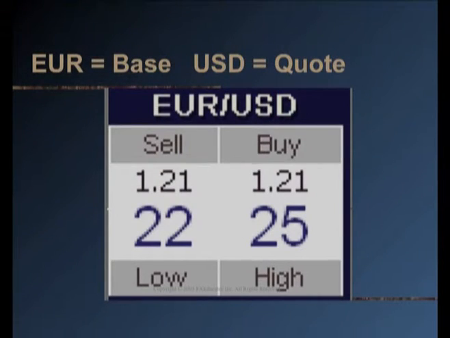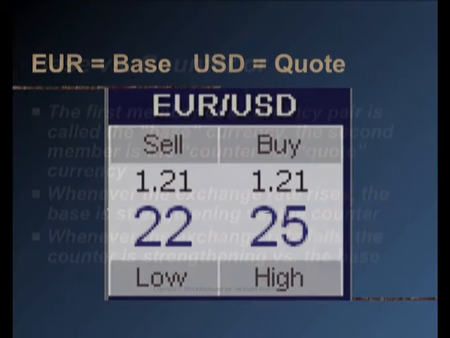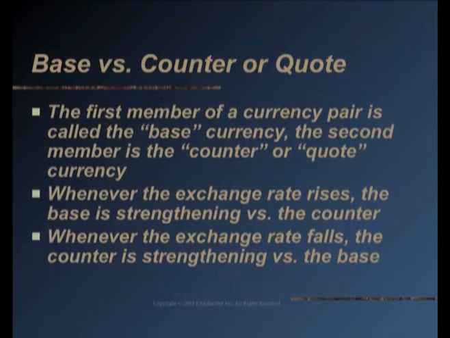Now, there are two currencies in every pair. The first member of each pair is called the base currency. The second member of every pair is called the counter or quote currency. And whenever the exchange rate rises, that means that the base currency, the first member of the pair, is strengthening versus the second member of the pair.